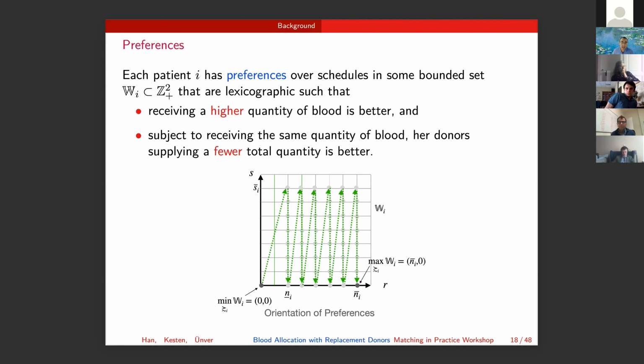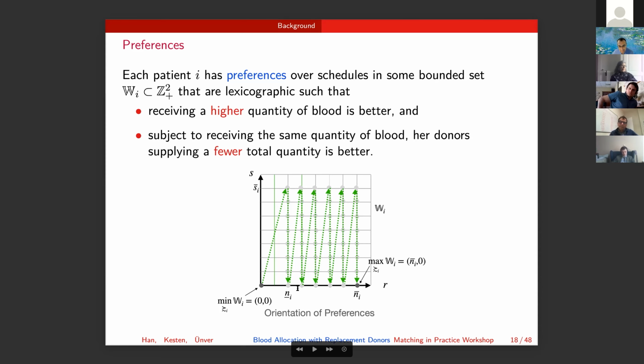Okay. And within that set, receiving a higher quantity of blood is always better, okay? And subject to receiving the same quantity of blood, her donor supplying a fewer total quantity is better. So there's this lexicographic, if you wish, ranking out of that. So in this set, if capital WI is this set denoted by dots, the minimum point with respect to preferences is the 0, 0.